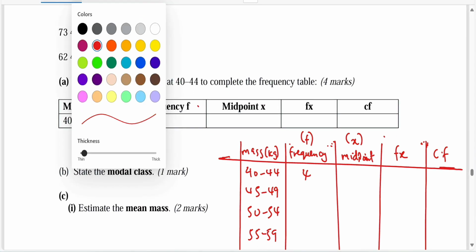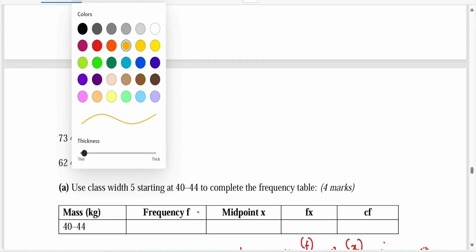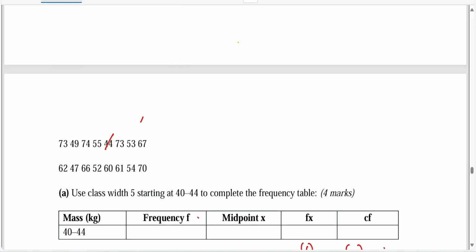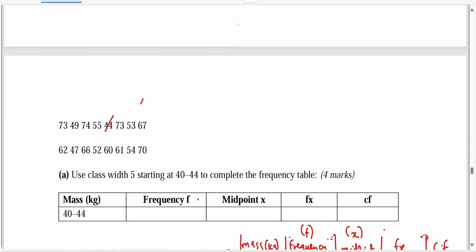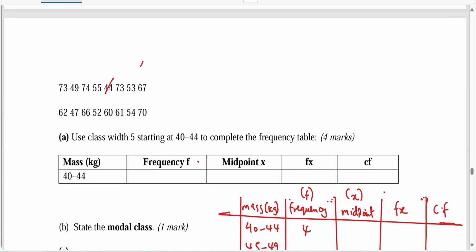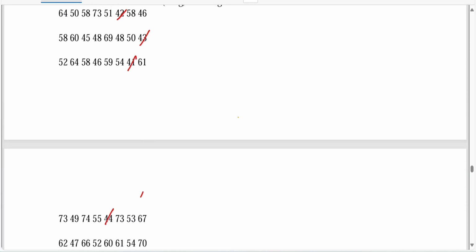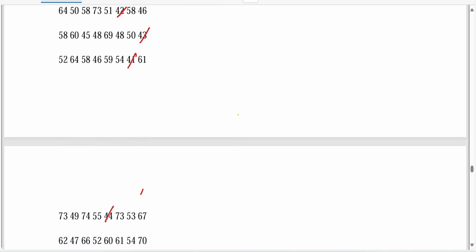Let's use another color. Hapa ni 45 to 49. Twende haraka. First row 45 to 49 ni hii hapa. Second row 45 to 49 ni hii hapa na hii hapa.